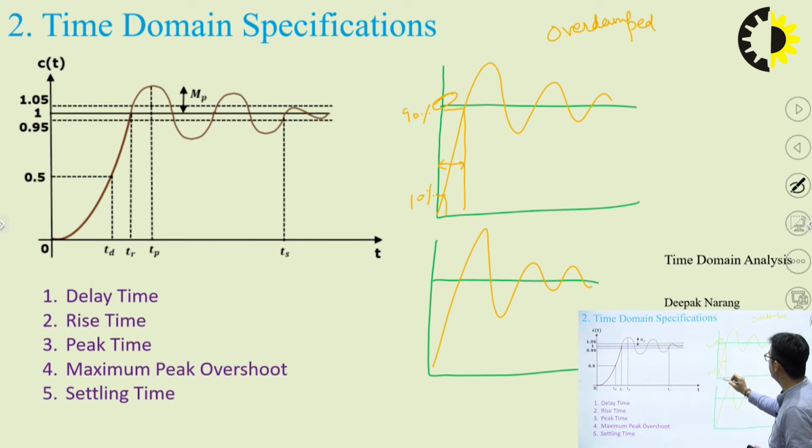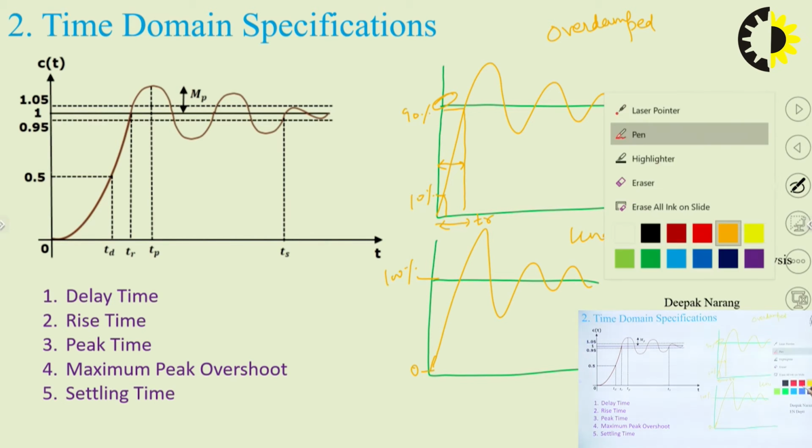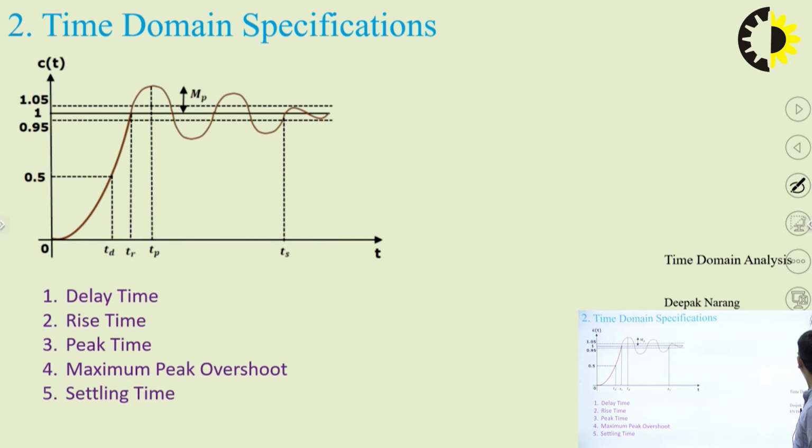This time is termed as rise time. But if the system is underdamped, then the time taken by the response from its zero value to 100% of its final value is taken as rise time. Next is peak time.